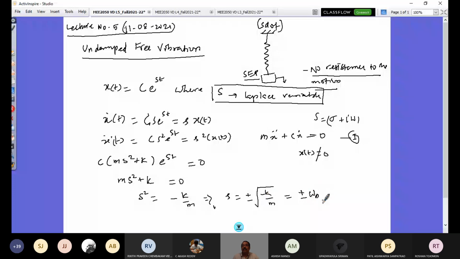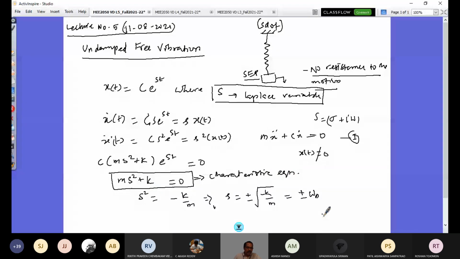Under root of k by m is omega n, as we have seen, right? So this is what gives the roots of this characteristic equation. What I have written here is what is called the characteristic equation.